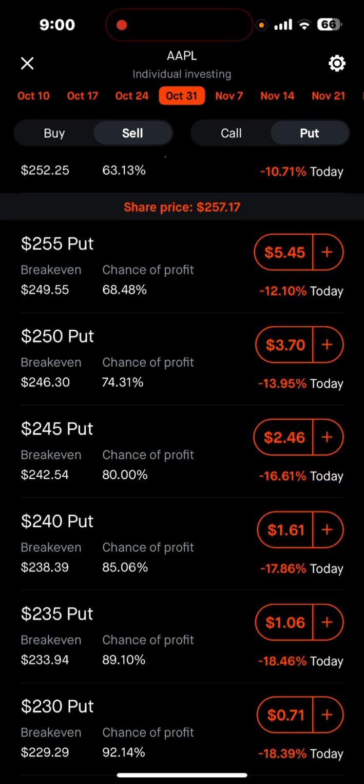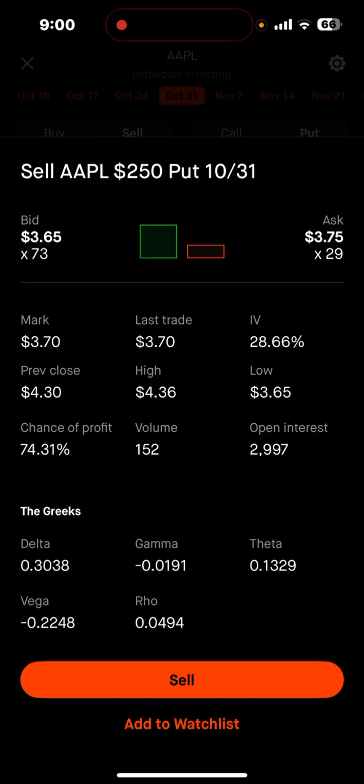The chance of profit is 74.31%, so I select this right here. So I'm selling the Apple $250 put, and 10/31 is the day that the contract will expire.